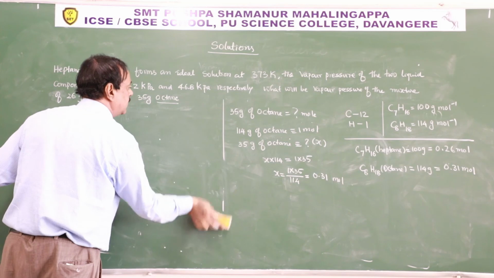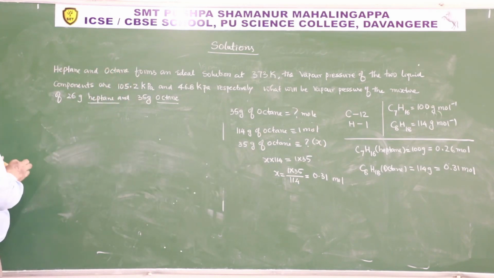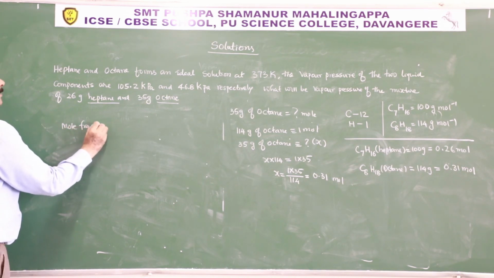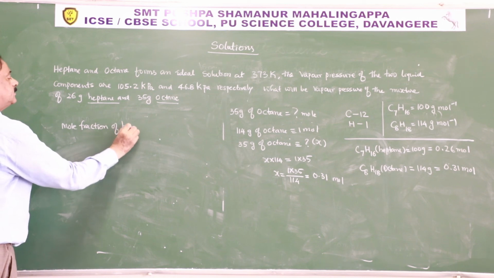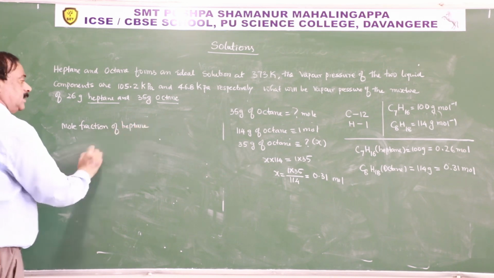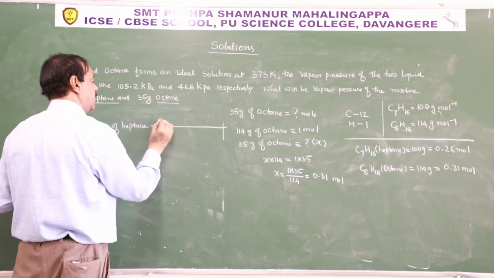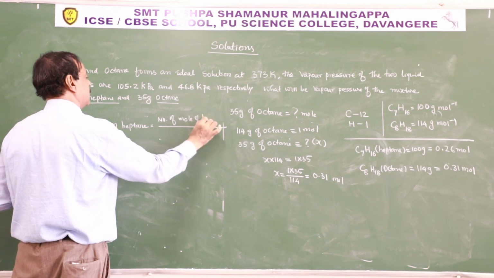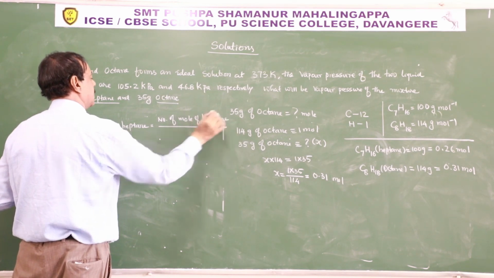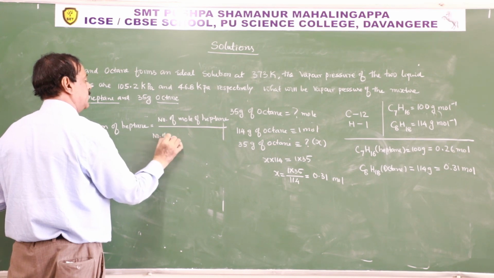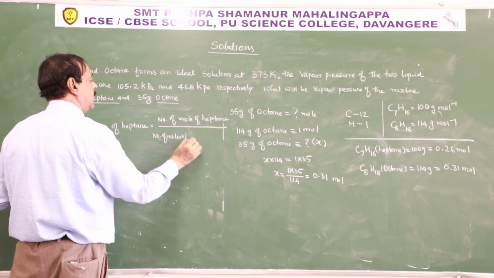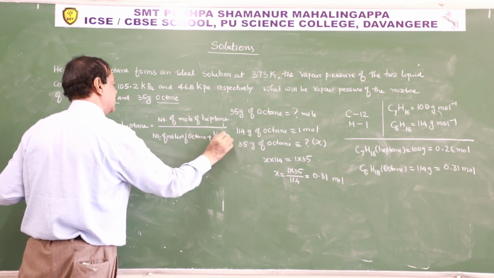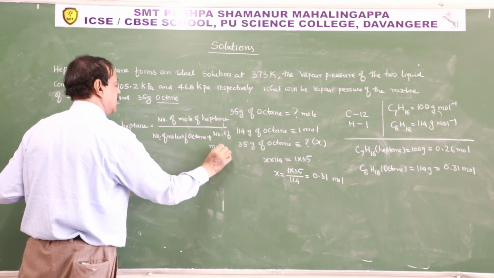Now how to calculate the mole fraction of heptane? That can be calculated by number of moles of heptane divided by number of moles of octane plus number of moles of heptane.